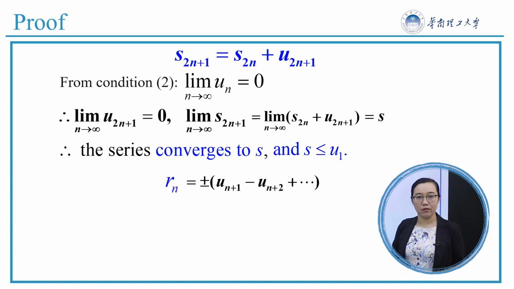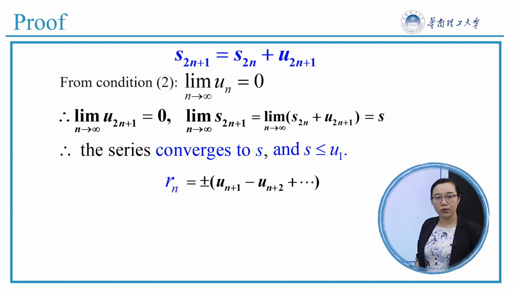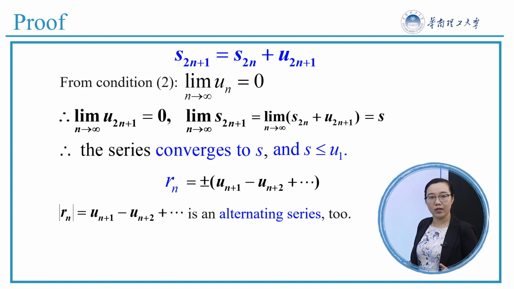Please pay attention. Rn equals plus or minus bracket Un plus 1 minus Un plus 2 and so on. The absolute value of Rn equals Un plus 1 minus Un plus 2 and so on, which is an alternating series too.